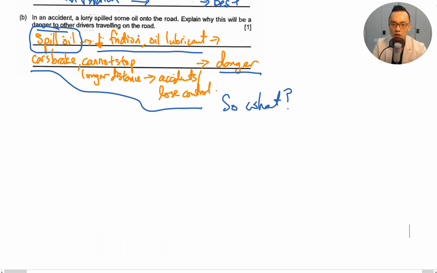There will be reduced friction on the road, because oil is a lubricant. So what if there's reduced friction? When the cars brake, they cannot stop in time, or they take a longer distance to stop. So what if they take a longer distance to stop? Accidents will happen, they will lose control. So what if there's that? Then it's dangerous. Okay, so have your first state, have your final state written here. In between is your scientific explanation.